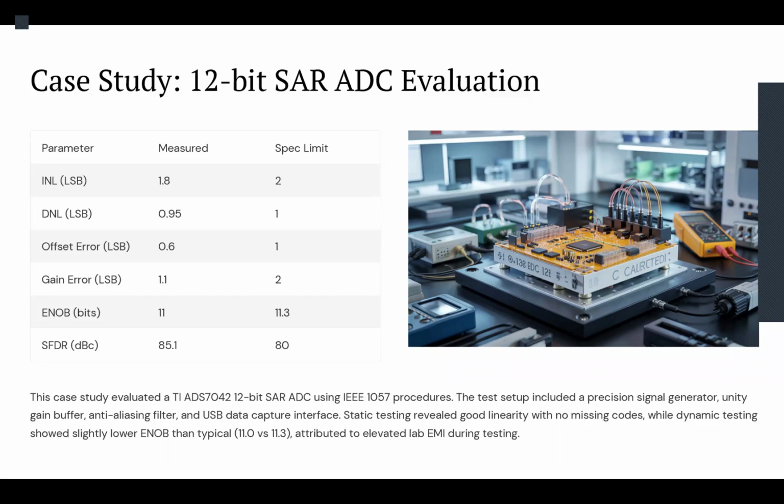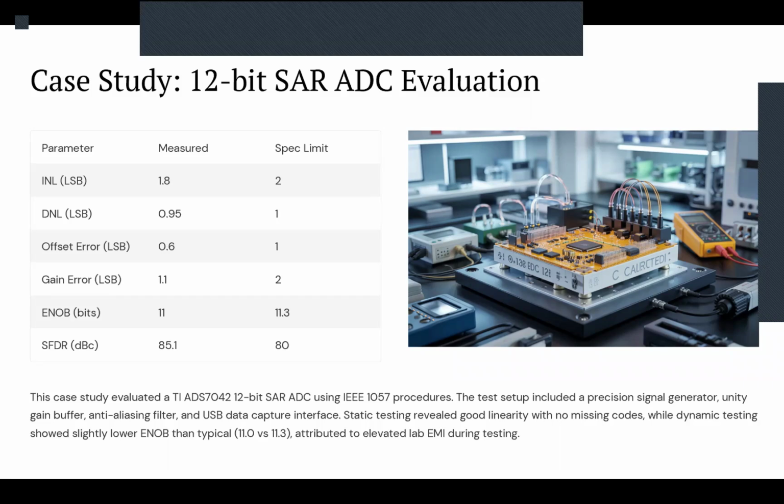The gain error shows how the slope is changing. It's 1.1 LSB and the limit is 2, so it shows that we have a slightly steeper slope in our transfer function from analog to digital codes in the system.